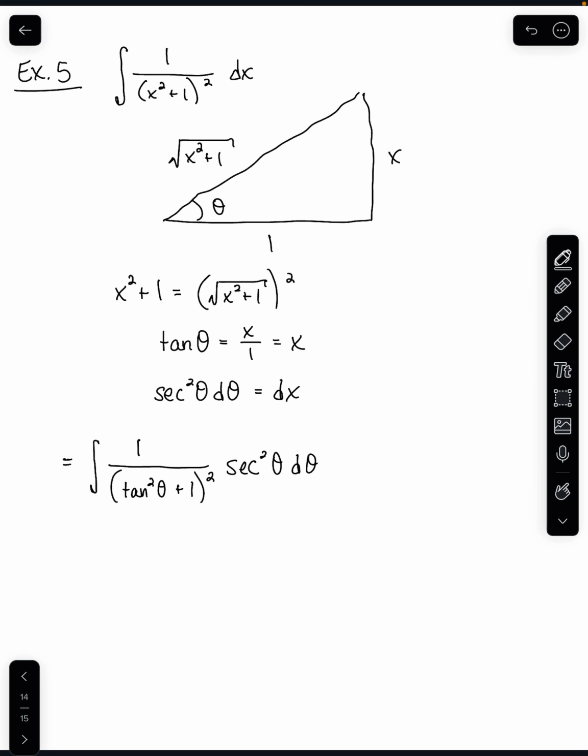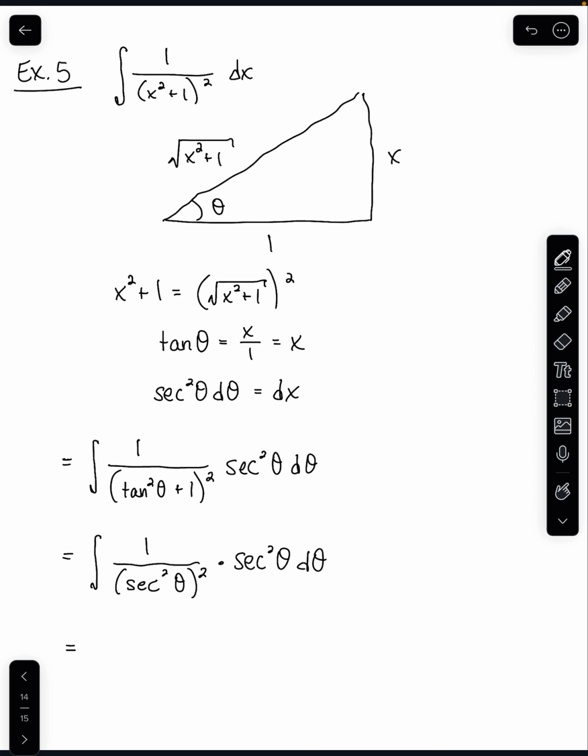The rest of this is going to clean up surprisingly well. Through the Pythagorean identity, inside the parentheses in the denominator, tangent squared theta is substituted with secant squared theta. So that the denominator becomes secant to the fourth of theta.